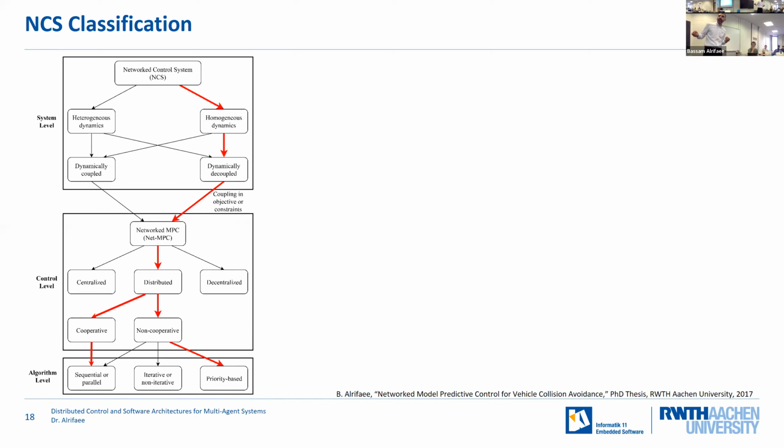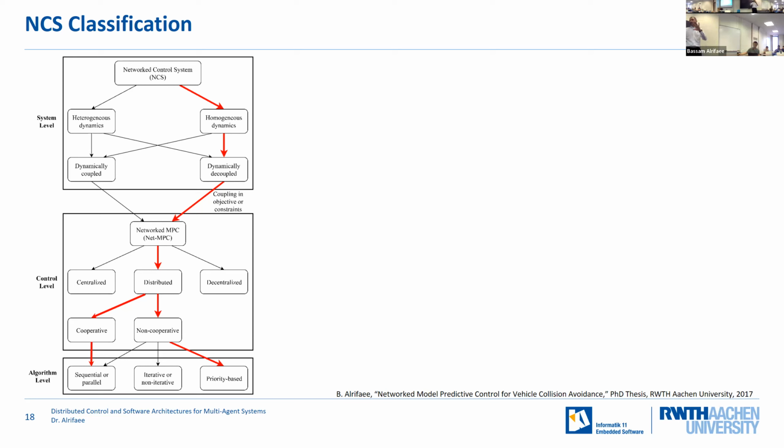And in this domain, we look at networked MPC. And according to Professor Lunze from Germany, he distinguishes between centralized, distributed, and decentralized. So we focus on decentralized, and for this, there are 2 ways, cooperative or non-cooperative. And we look at the algorithm level at sequential or parallel solutions or priority-based.